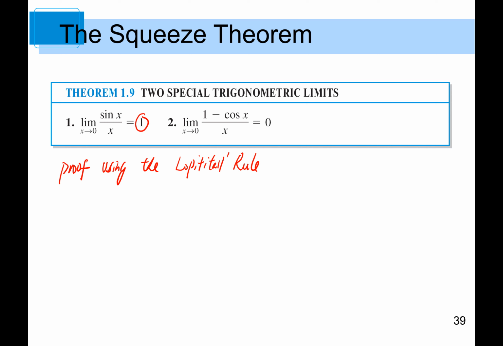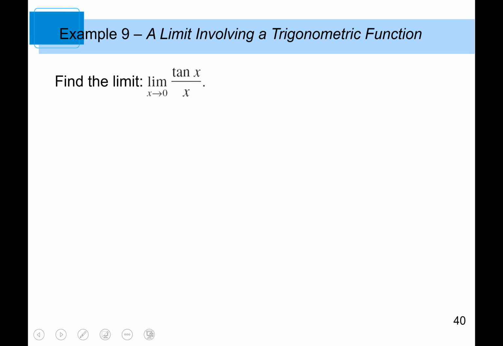Right? We're going to prove this later using L'Hopital's rule. And the limit as x approaches 0 of 1 minus cosine x over x equals 0. So those two are very special trigonometric limits.